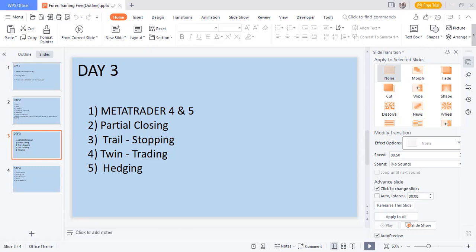MetaTrader 4 and 5. MetaTrader 4 is an electronic platform widely used by so many traders. The truth about it is, MetaTrader 4 is designed with MetaQuotes language, and it's a kind of language that is used to design MetaTrader 4 specifically. For instance, I have a very good idea of what coding is.